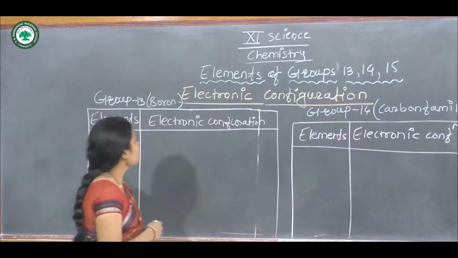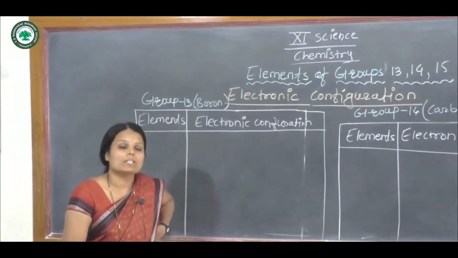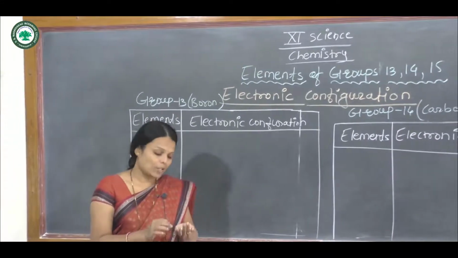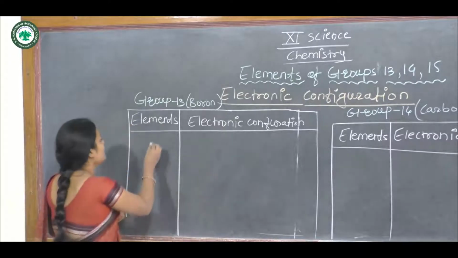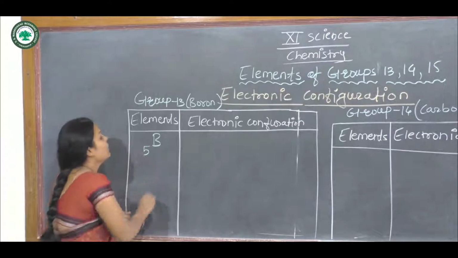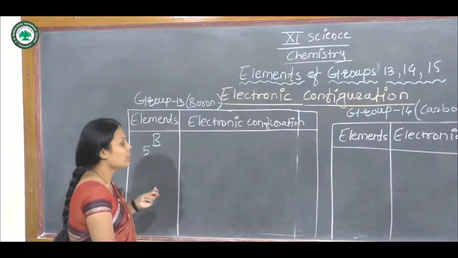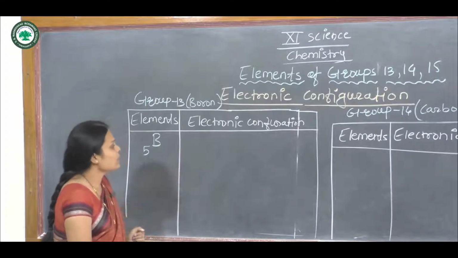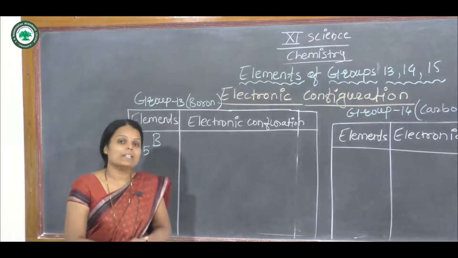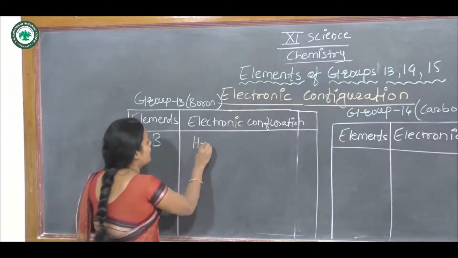Now in the boron family, the first element is boron, and its atomic number is 5. The electronic configuration of boron is represented by helium, He.